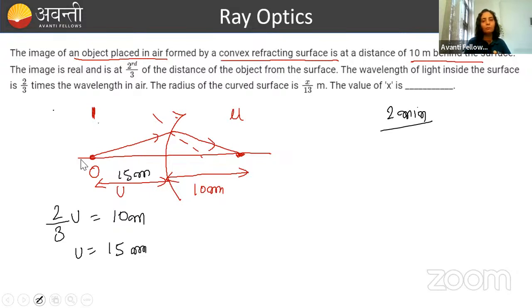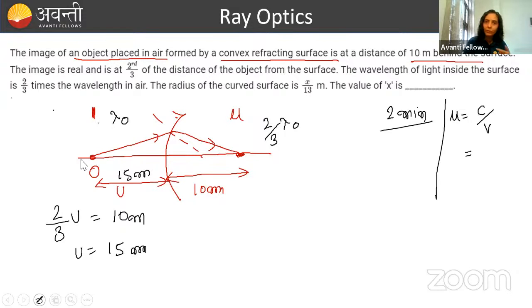Now, what is the value of mu? What is the hint given? Here it is given that the wavelength of light inside the surface is 2 by 3 times the wavelength in air. So if the wavelength in air is lambda naught, then in this media the wavelength of light is 2 by 3 times lambda naught. Can we calculate the refractive index from this information? Surely we can. We know that refractive index is equal to speed of light in vacuum divided by speed of light in media.